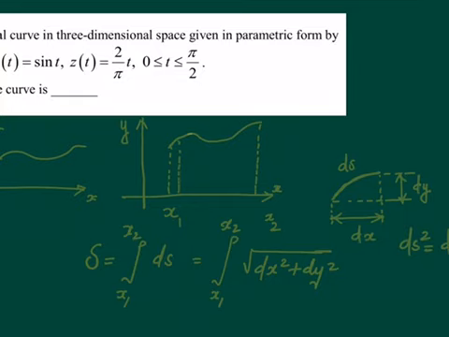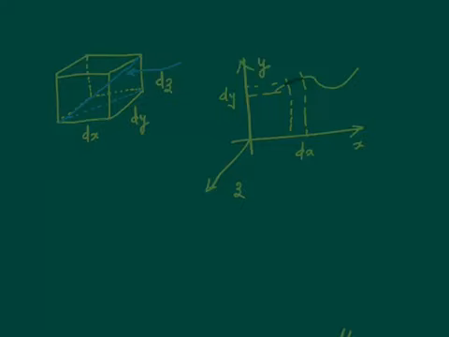Okay. Now let's extend those concepts to 3D. Consider that there is a 3D curve as shown in this figure. Only this portion of the curve is isolated here and shown in a different color.